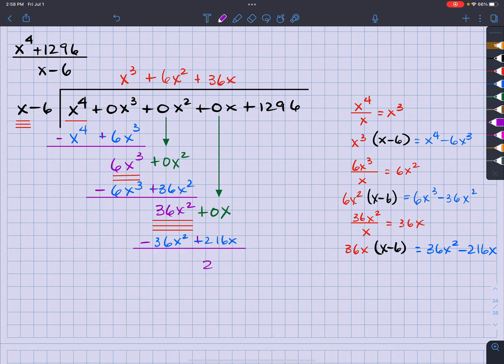So I'm going to get 216x and bring down the next term, which is plus 1296.